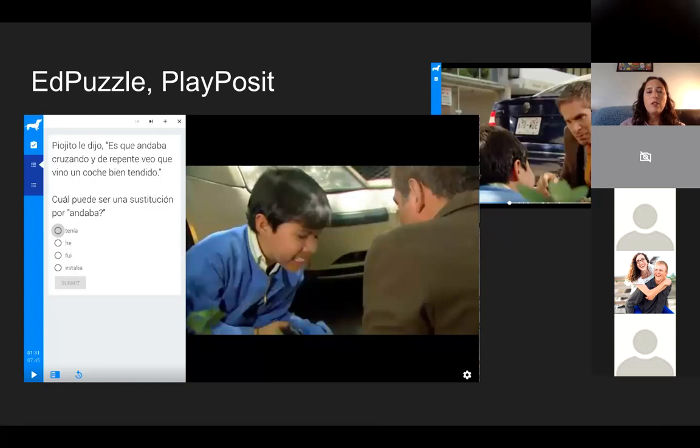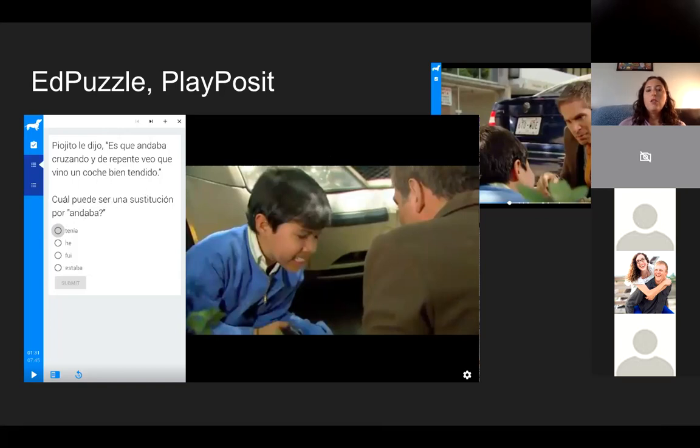Or you can have it so that it's more like a quiz for you, but for the objectives of comprehensible input, it's kind of like you checking in to see if they understand it. So I just rewrote a quote from the video and then asked them what another word could be for one of the options for the word andaba.